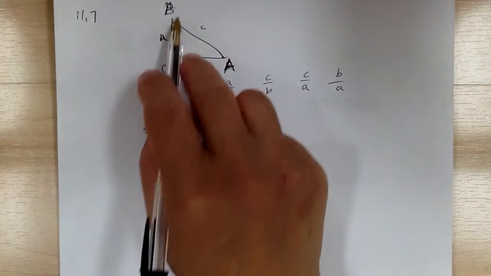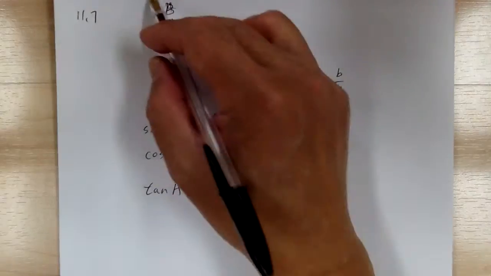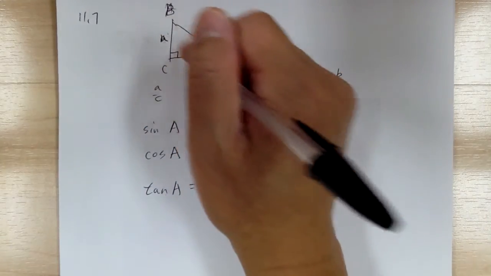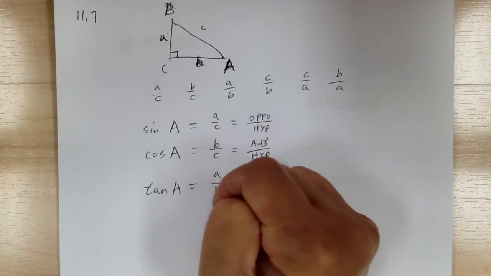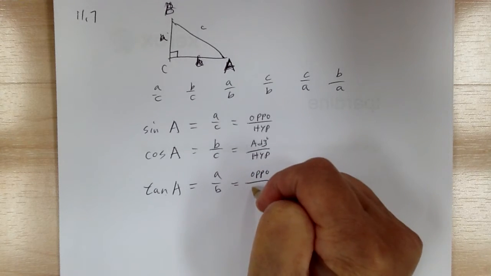Sine deals with the vertical, cosine is the horizontal, and tangent is the slope, so it's opposite over adjacent. So it'd be A over B.